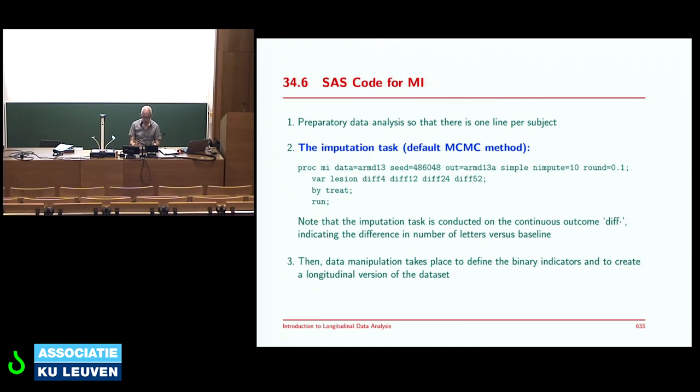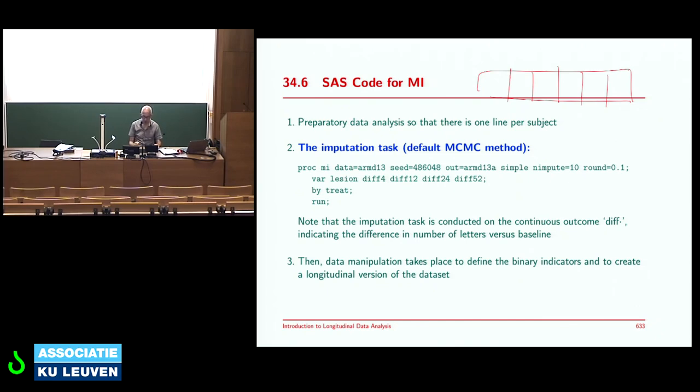The way we begin is we do a little bit of preparation, and there are actually in the books and in the accompanying software tools examples of these preparation steps. The thing is that to do the imputation, the data set needs to be organized horizontally. That is, all measurements of a subject need to be in a single line.